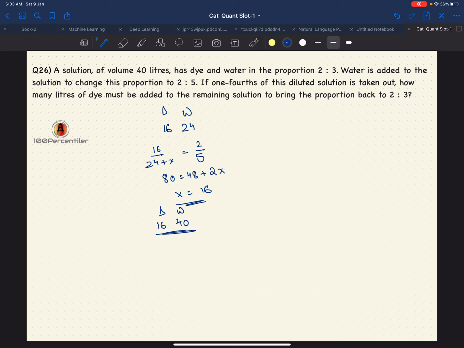So we take 1/4 of each of the components, and therefore we'll be left with 12 of this and 30 of this. Now we are adding some y liters of dye, and therefore 12 plus y upon 30 is equal to the new proportion. And therefore 8 is the required answer here.